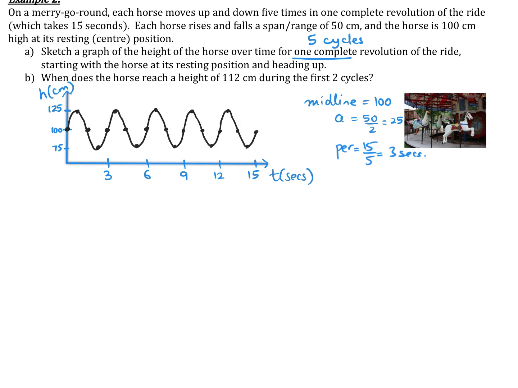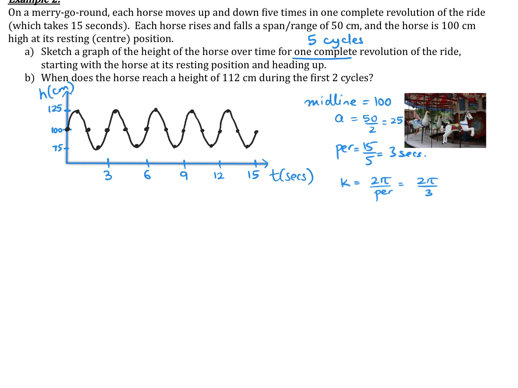We can determine the value of frequency, that would be k. So that is 2 pi divided by period. In this case, it's going to be 2 pi divided by 3. So k would be our frequency.